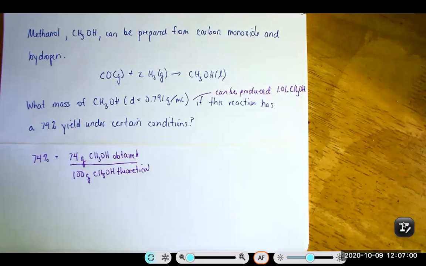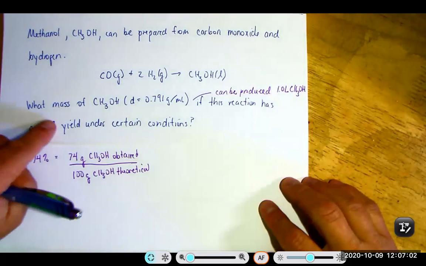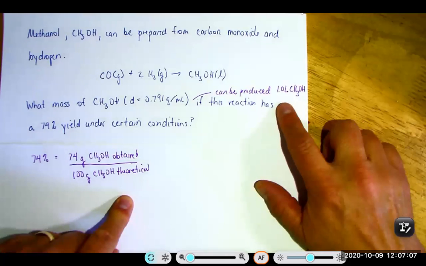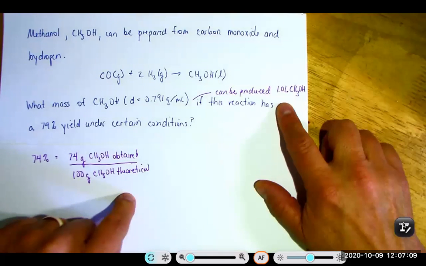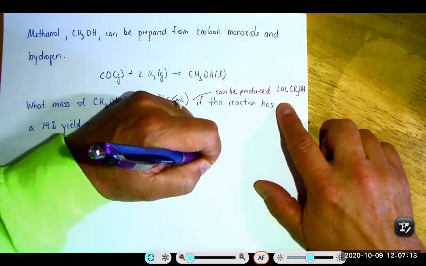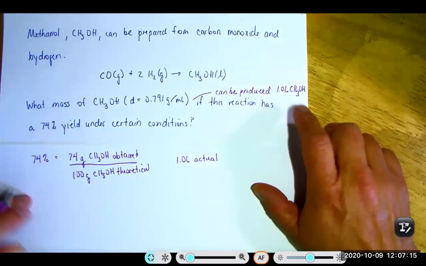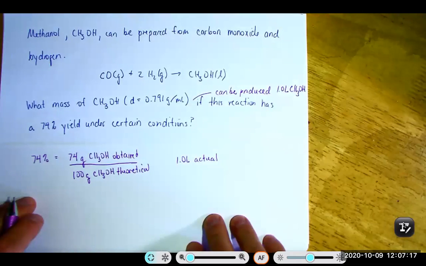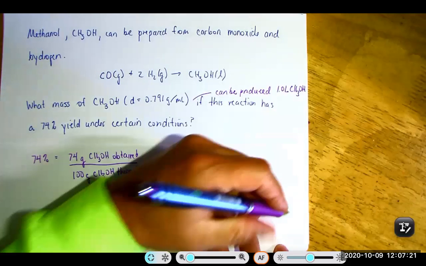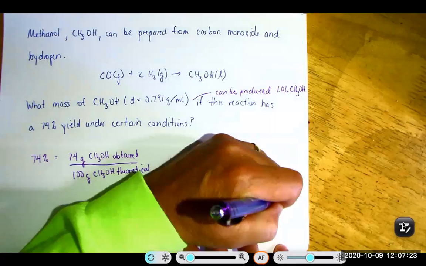So they want to know what mass of methanol do we need to produce 1 liter, and they don't mean 1 liter theoretical, they mean 1 liter actual. Okay, so you can see that the end result is how many grams of methanol do you need?